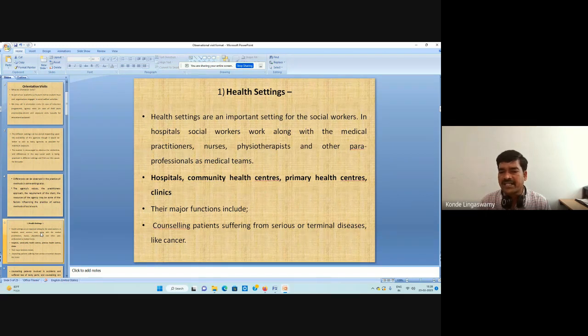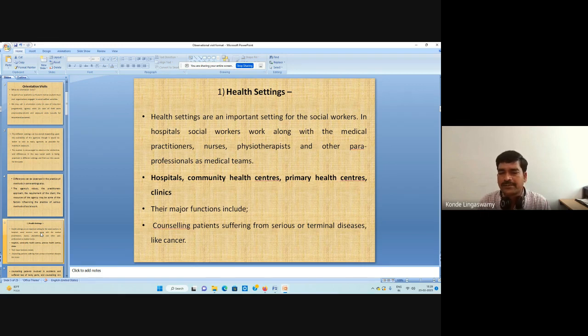For example, social workers are working in hospitals, community health centers, primary health centers, and clinics. Their major function includes counseling patients suffering from serious or terminal diseases like cancer. What is the role of a social worker in a health setting?